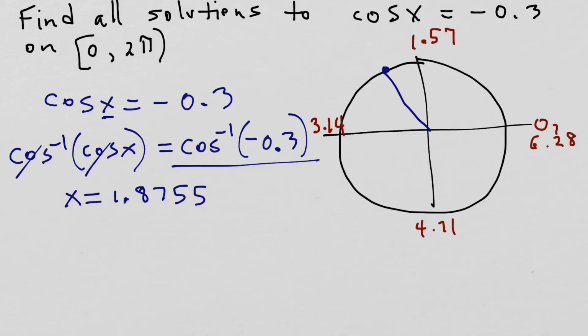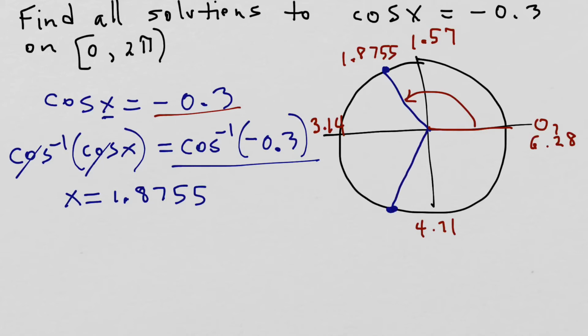So this is your angle from the initial side. Here's your initial side. So this is your angle right here, which is equal to 1.8755. All right, so if we've got a negative cosine, we know that we've also got a negative cosine in the third quadrant.